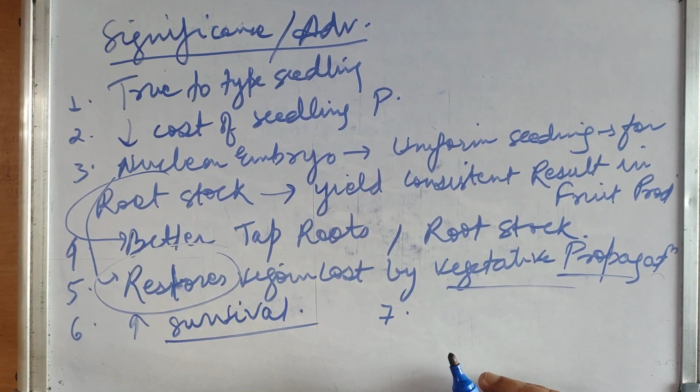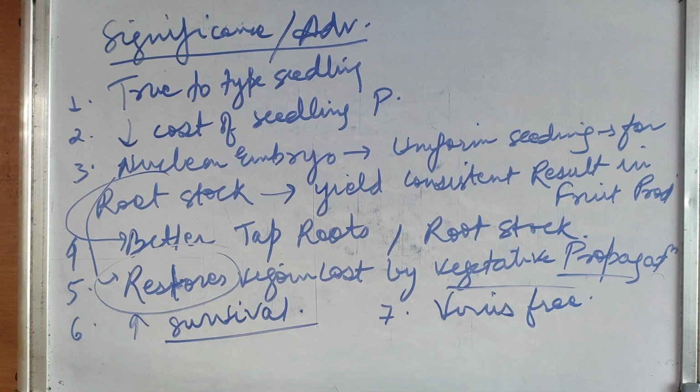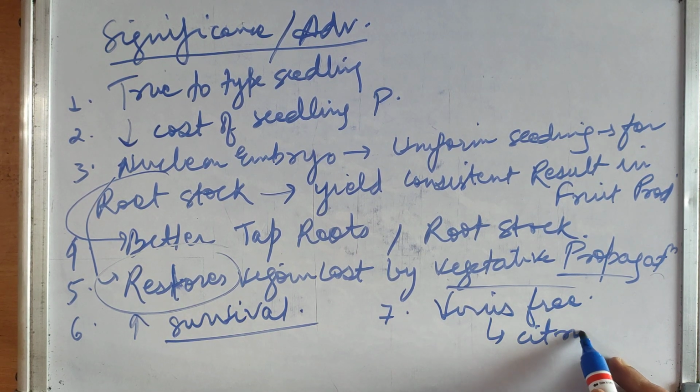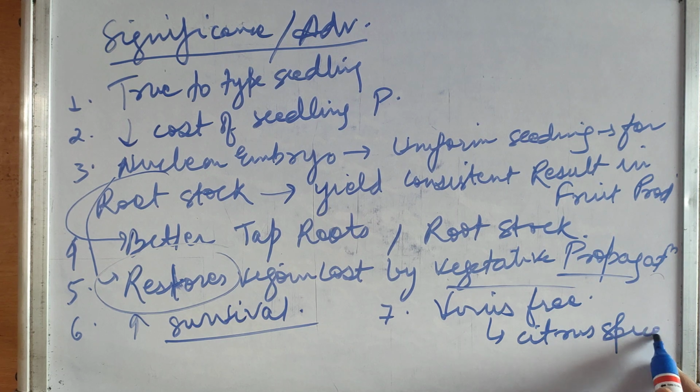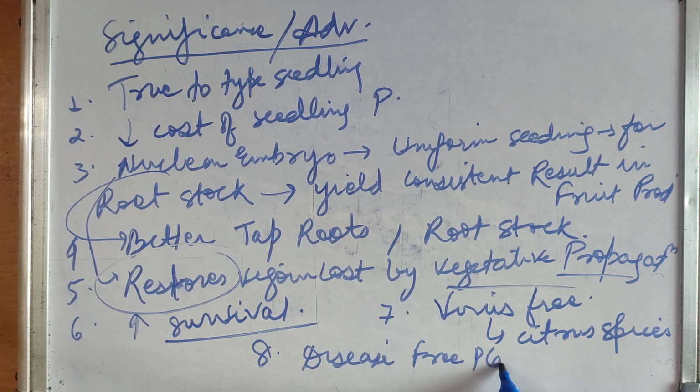Virus-free clones of citrus species: this is the only practical approach for production of virus-free seedlings in citrus. Disease-free plants are obtained. So these are the main significance, or advantages, of polyembryony.